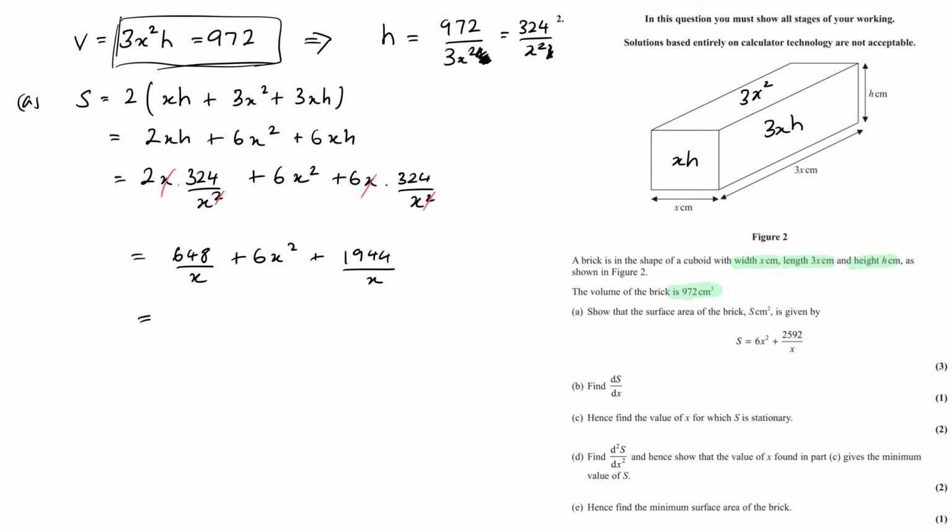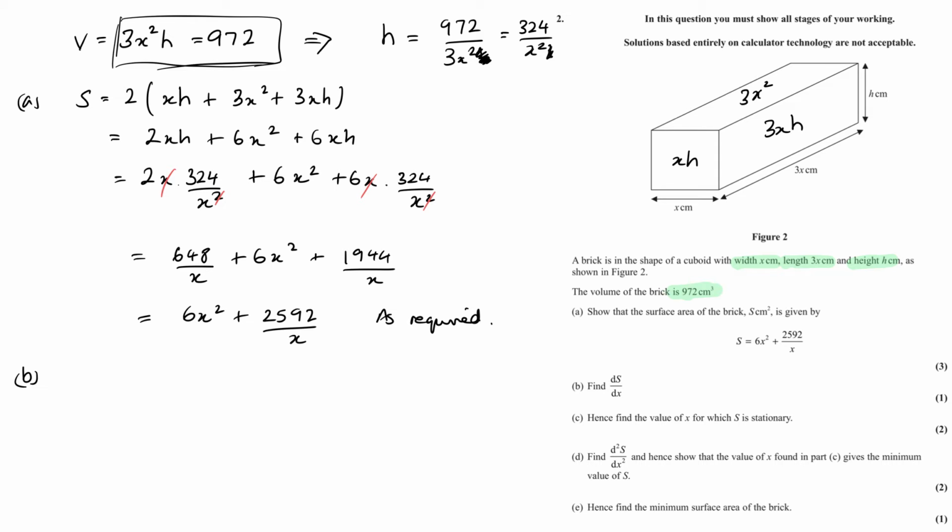Now those parts we can obviously simplify. So we get 6x squared plus 2592 over x. And that is what we needed, as required there. Obviously you can use QED and you don't even need to say anything at all.